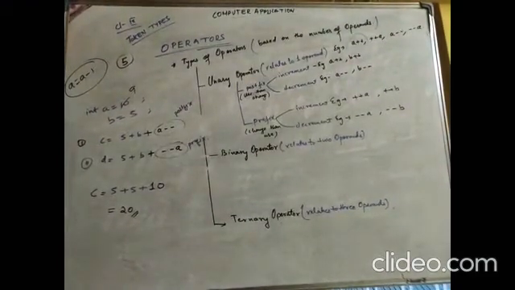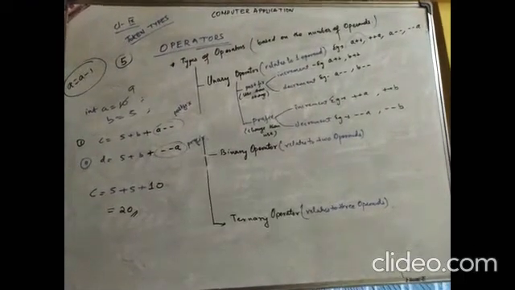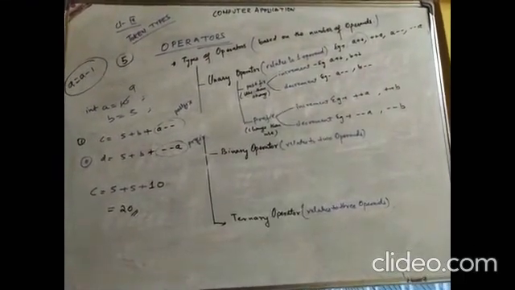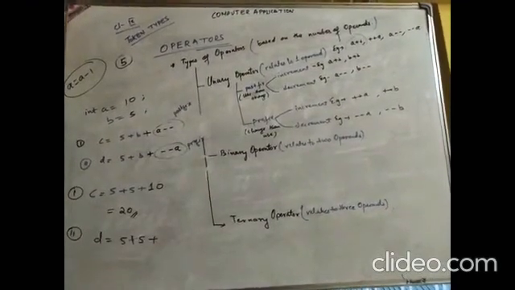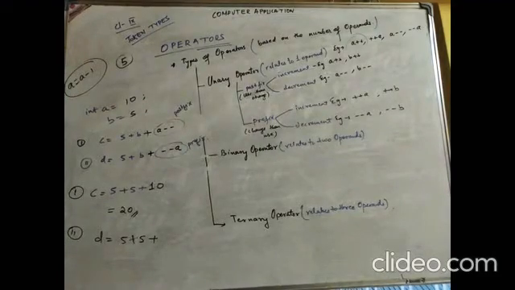Now for D, how will you calculate? D will be in prefix. What will you do? First change, then use. I will use again the value of A as 10 and B as 5, not the values which have changed for question 2. Do it with fresh values of A and B. Now the next one we have to do is minus minus A. So D equals 5 plus minus minus A. First I will change the value.